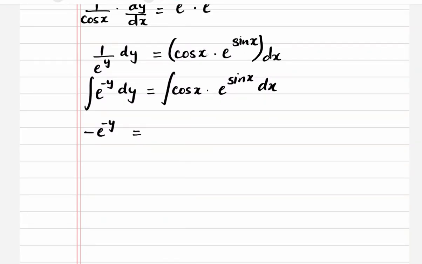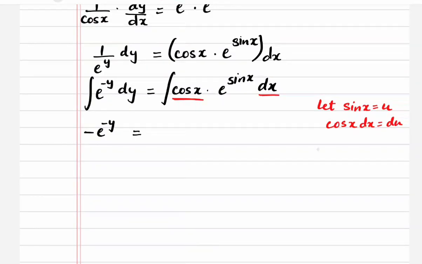When we integrate the right side, we might have to use the substitution rule. So let sine x equal u. When you differentiate, you will get cos x dx is equal to du. We have cos x dx.